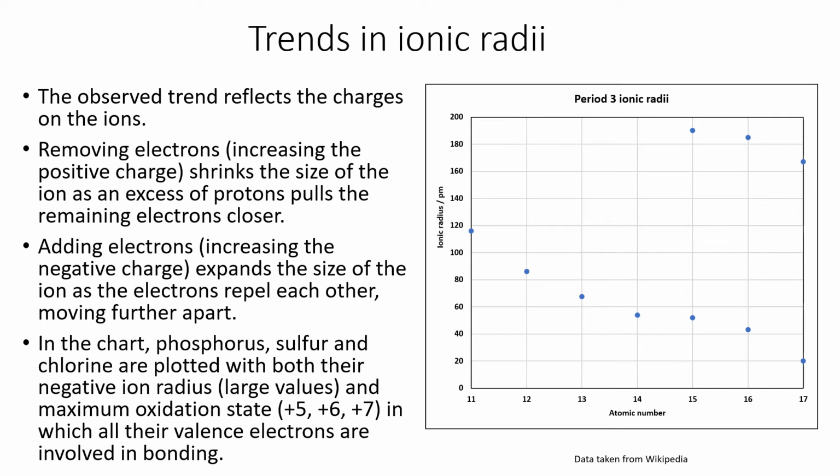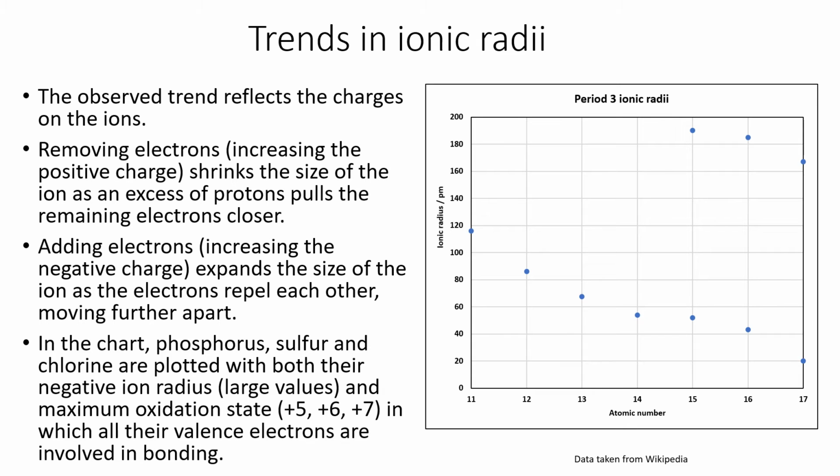They've all filled their outer shell, the third shell. Following a very similar argument, we'd expect P3 minus to be the largest one, because of those three it has the fewest protons in the nucleus trying to hold in those three shells' worth of electrons, up to argon at least. And then as you add another proton to the nucleus, they gradually shrink down.